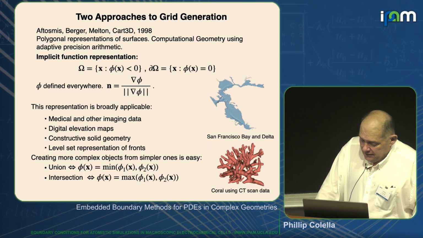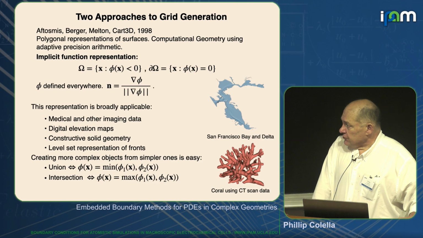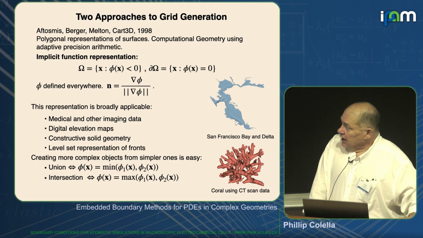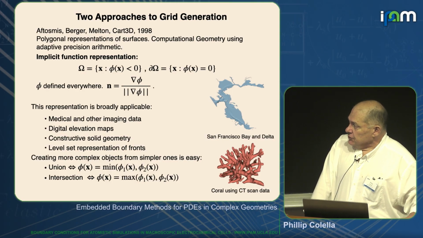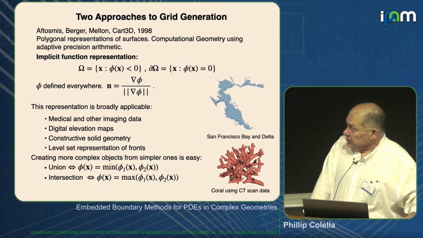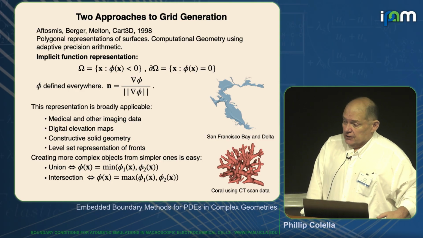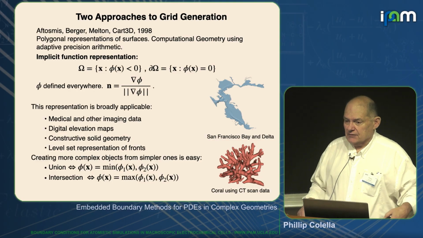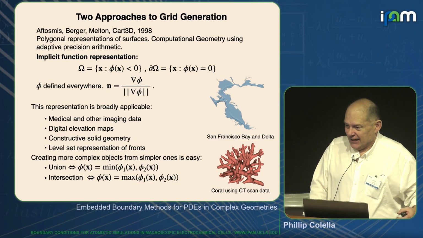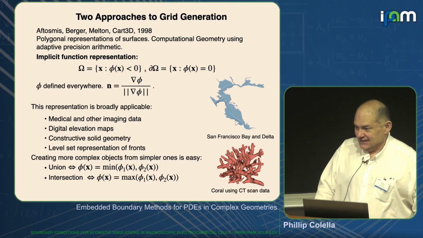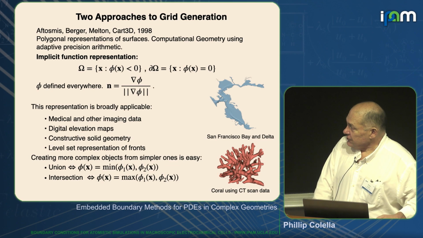So I said grid generation is computing these things. Well, there have been two approaches to grid generation, at least. The one that really got there first for really complicated engineering geometry was due to Aftosmis, Berger, and Melton in their Cart3D code from 1998. They were doing computational aerodynamics. There's a celebrated calculation done with Cart3D of opening the tailgate of a C-17 while it was flying. It got this team lots of kudos, and deservedly so.